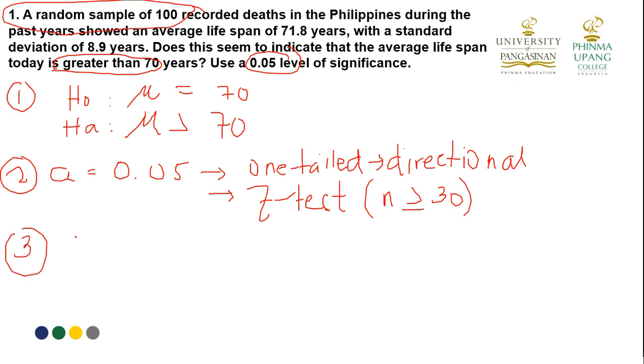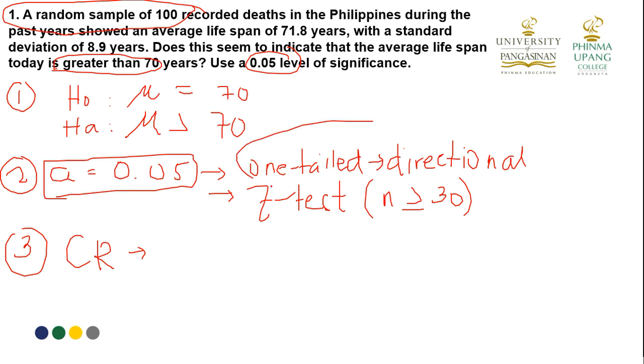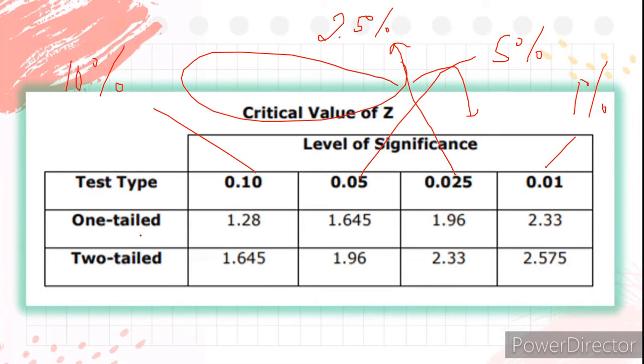Number 3, we're going to identify the critical region. We're going to use the table. We have 0.05 and one tail. So our critical value here is 1.645.